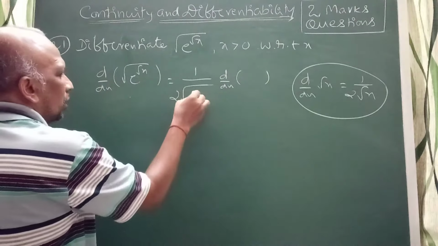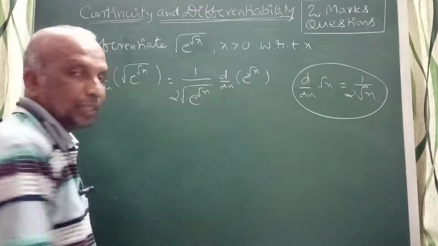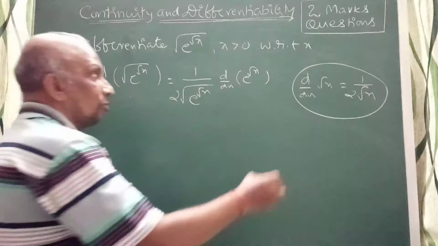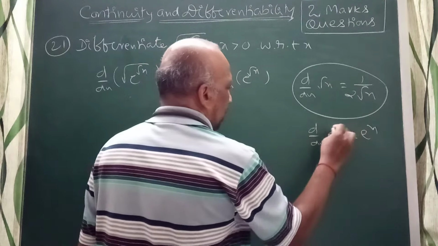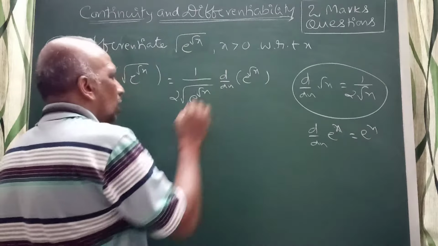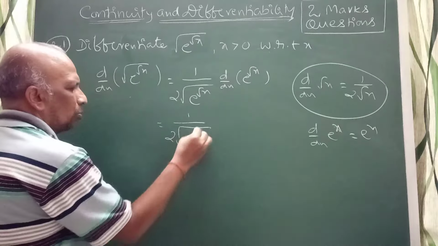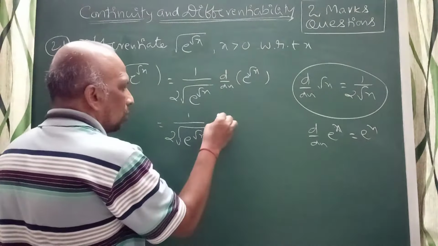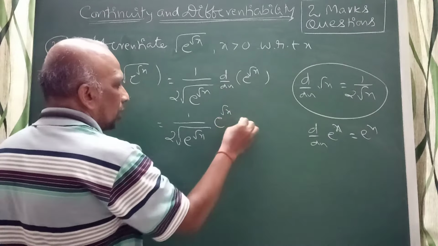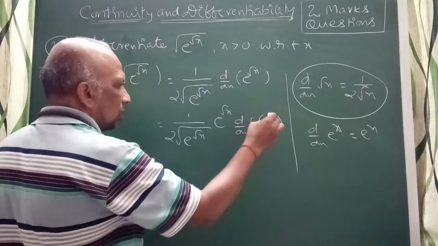I can replace here e power root x. But we know d by dx of e power x is e power x. Right? Use the same concept now. 1 by 2 root of e power root x, and since it is not x, d by dx of root x.